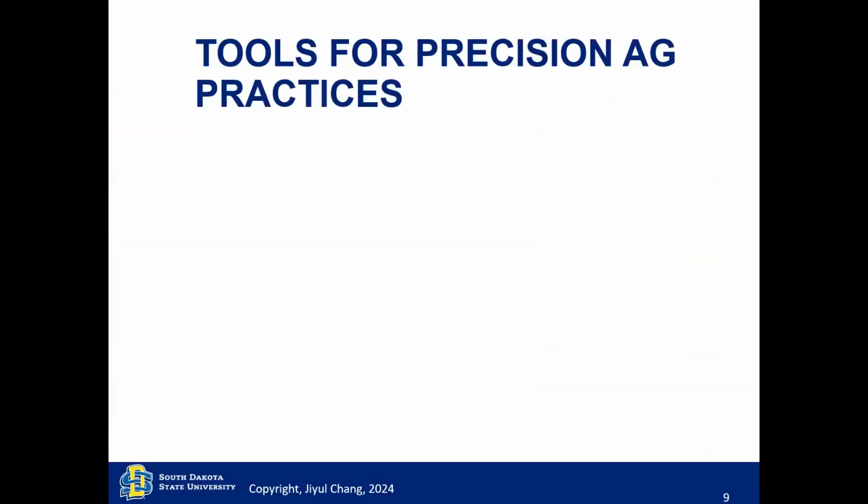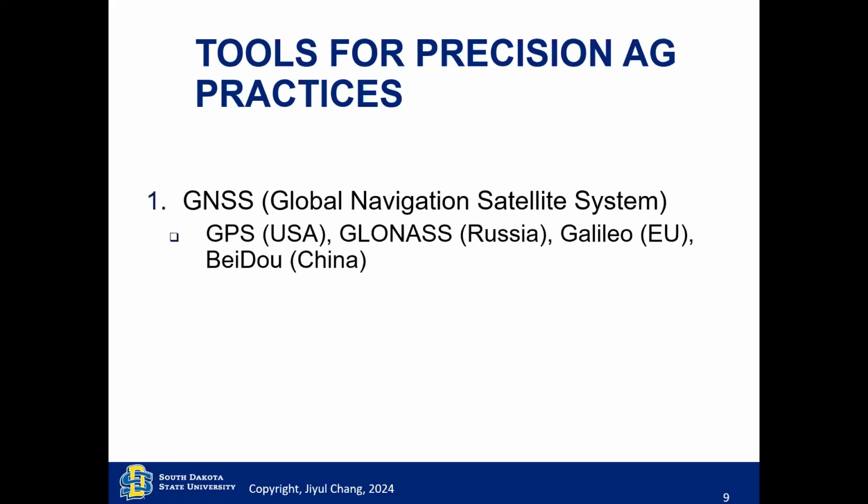Okay. So to do this, we need these kinds of things. I'd like to talk about the tools for the precision agriculture practice. There are several tools that are required. First one is the GPS. We call this GNSS, Global Navigation Satellite System. Without the GPS coordinates of the sampling points, we cannot make the map.